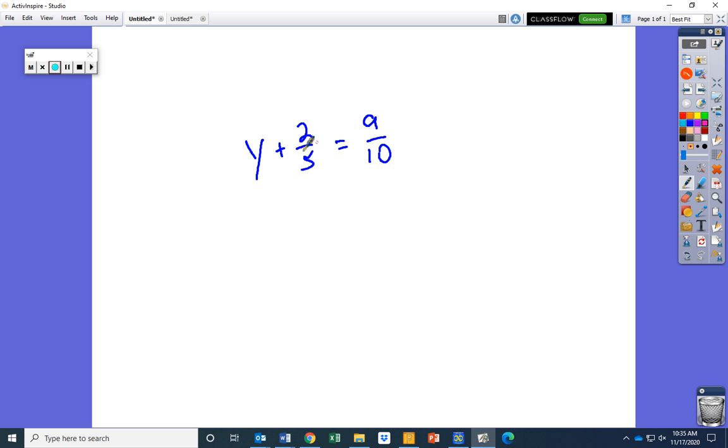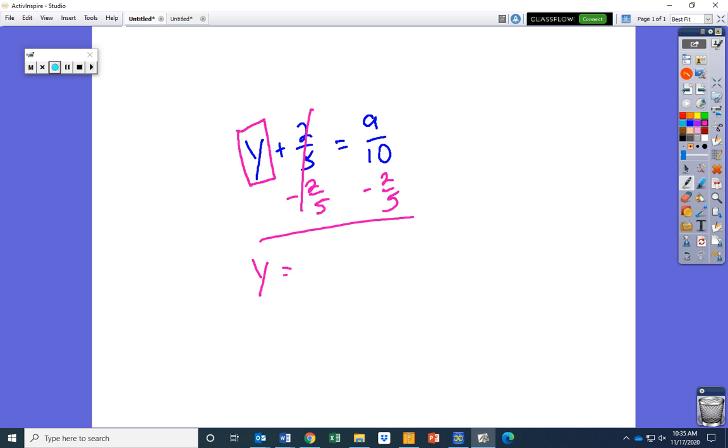So if I were to put this variable in a box, what's outside that box? Plus two fifths, right? So the way to get rid of plus 2 fifths is to subtract 2 fifths from here and subtract 2 fifths from here. So these cancel out. So what's left over here?